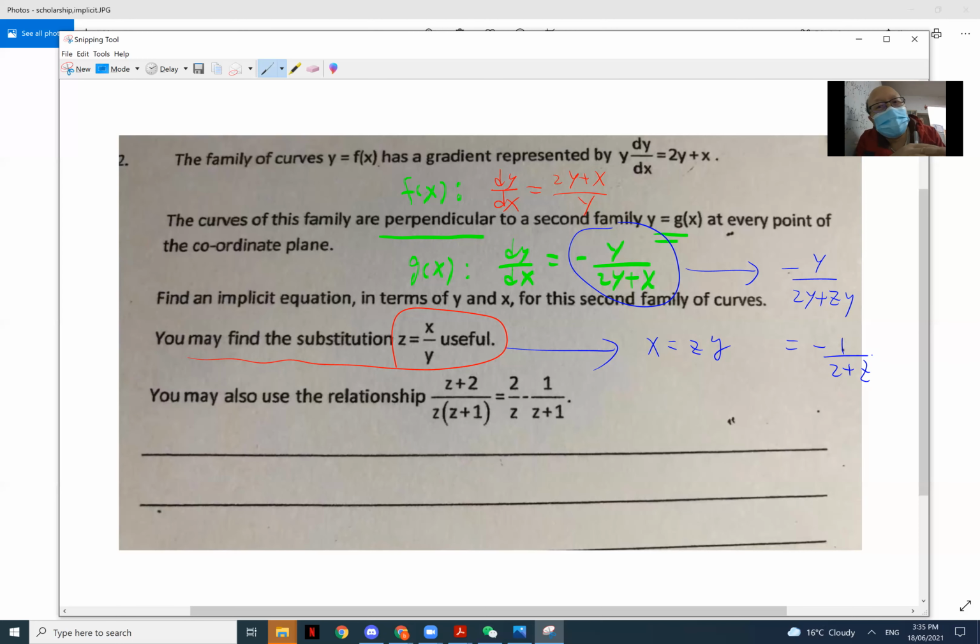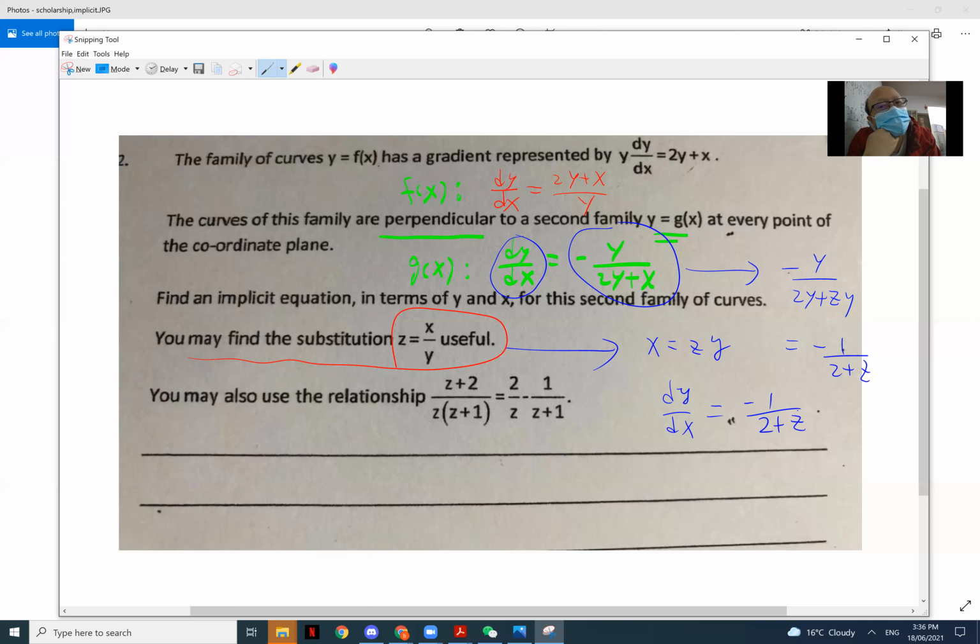If you use x equals zy, the y just gets canceled. Let's double check the right-hand side, the right-hand side about dy/dx. So you have dy/dx just equals negative 1 over 2 plus z.